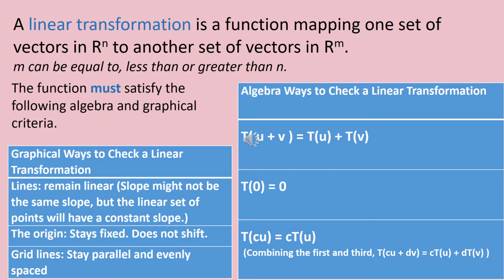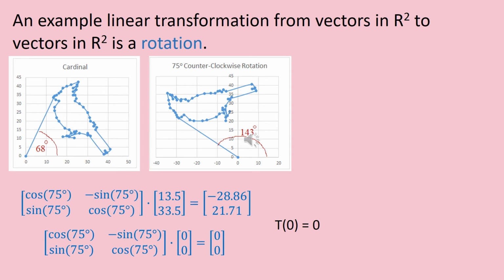An example linear transformation from vectors in R2 to other vectors in R2 is a rotation. Here we have a counterclockwise rotation of 75 degrees. You can see that the line going from the origin to the tip of the beak of the cardinal is 68 degrees.